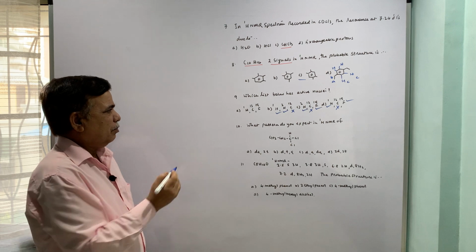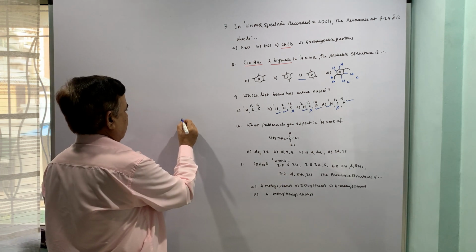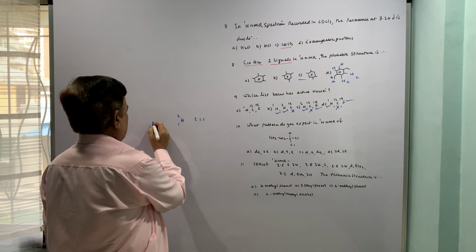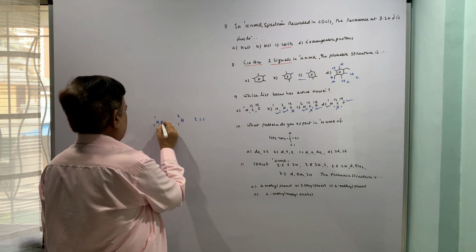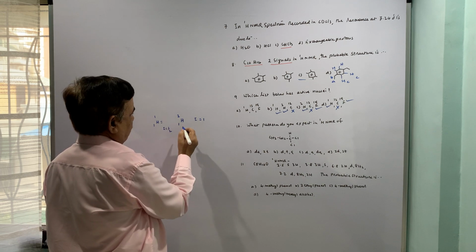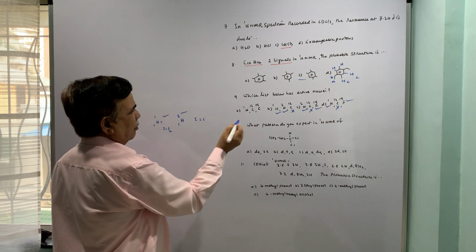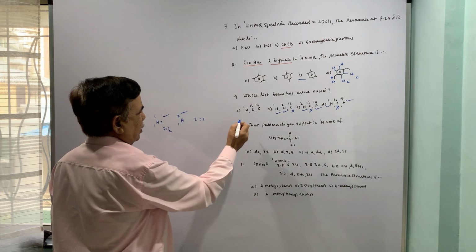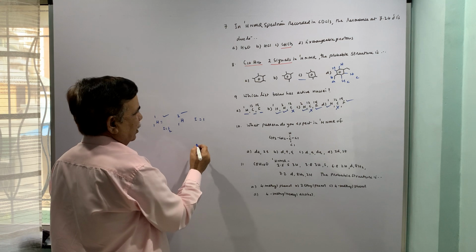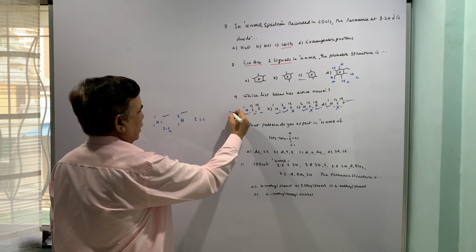Deuterium has got spin number 1. Hydrogen, we know that it is I is equal to half. So, both are active, carbon is not. In this case, all will have half integral spin. So, this is the correct set.